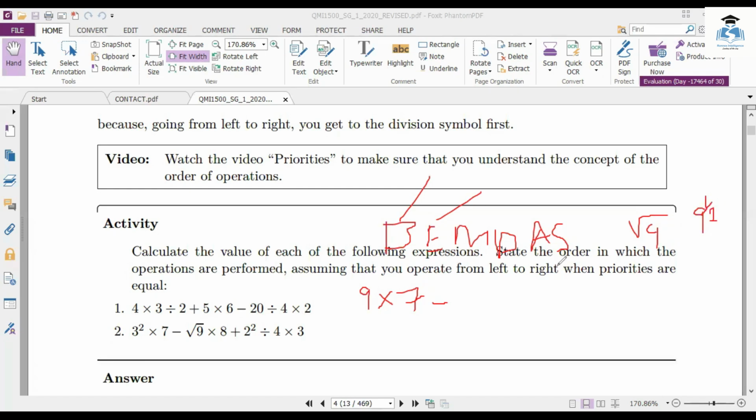So we need to evaluate this one first, which is root of 9, that's 3, times 8, plus 2 to the power 2, 2 times 2, that's 4, divided by 4 times 3. So now we start with this, we move on to this, then this.